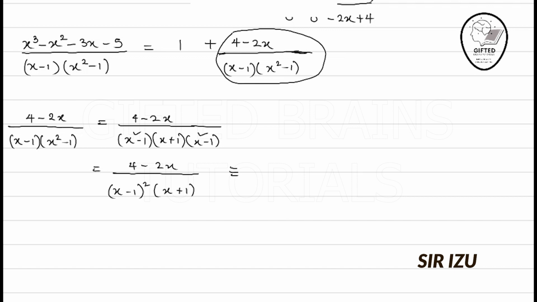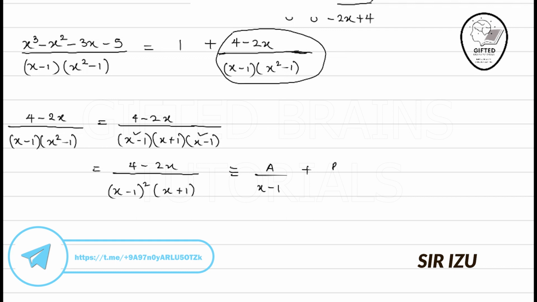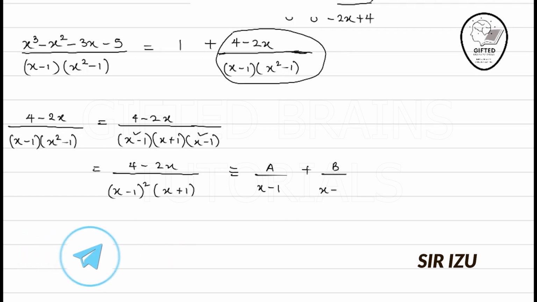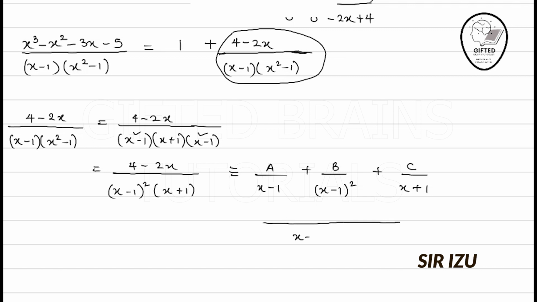Then we can now go ahead to resolve into partial fractions. And so we have a over x minus 1 plus, because it's a repeated linear factor, b over x minus 1 all squared, then plus c now over x plus 1. And as usual, we take our LCM now. Don't forget, our LCM will be x minus 1 all squared times x plus 1. And if x minus 1 goes through the denominator, we have x minus 1 multiplied by x plus 1 times a.